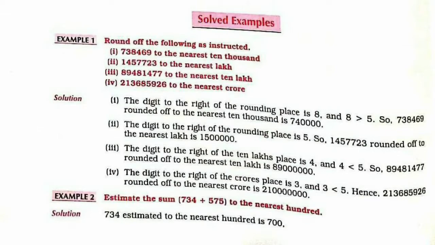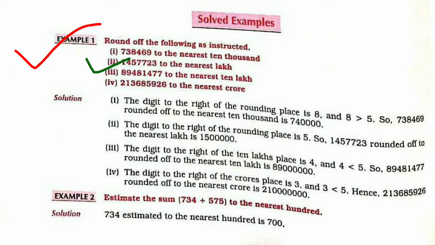Let us solve example number 1, part 2. Here also the given number we have to change to the nearest lakh. So the digit to the right of the rounding place is 5. As we know, according to the rule, if the number is 5 or more than 5, then we have to add 1 to the rounding place.